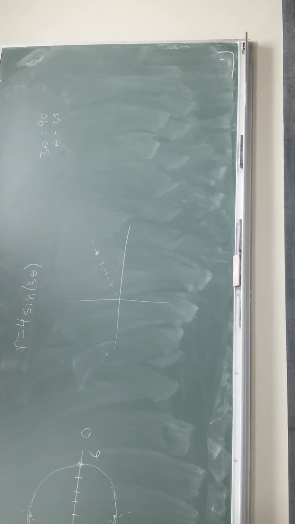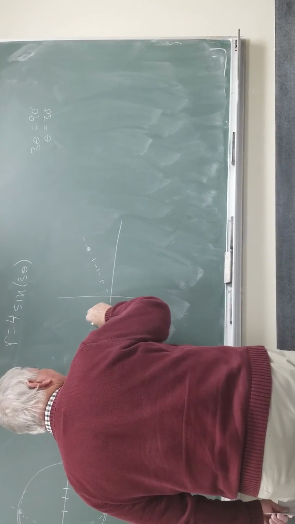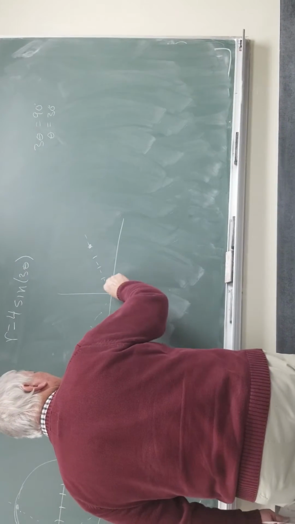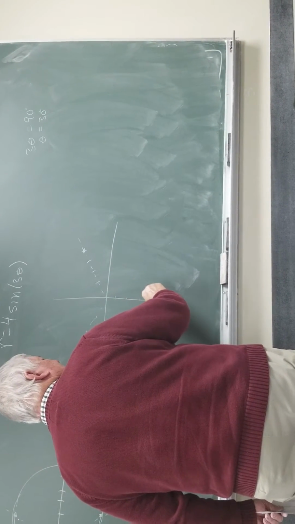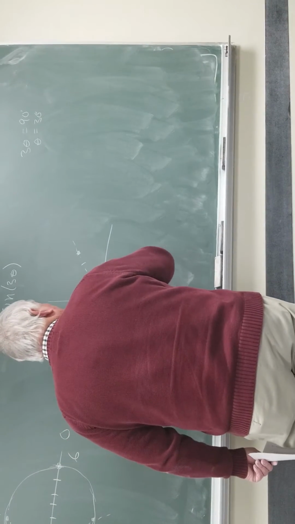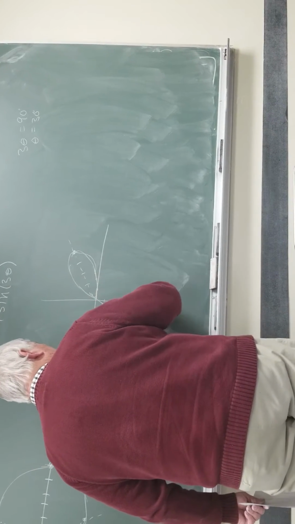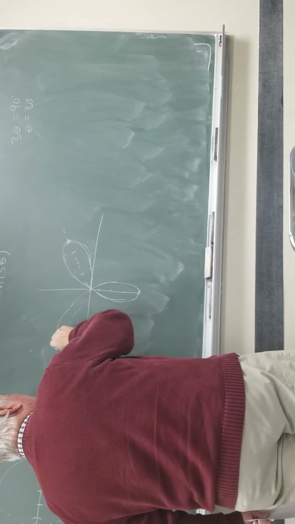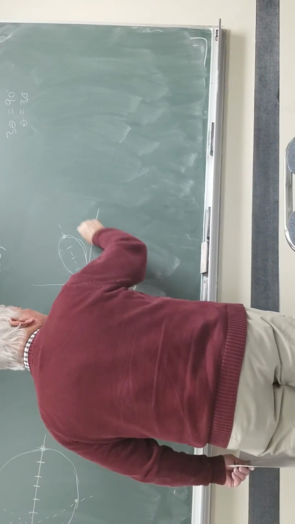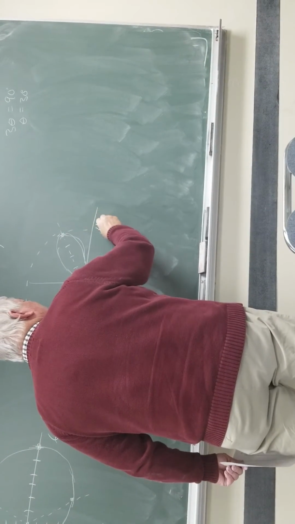And since there are 3 leaves equally spaced, 30 plus 120, and 150 plus 120. So we end up with, draw very well, and if we encompass some circle around that, that is 4.